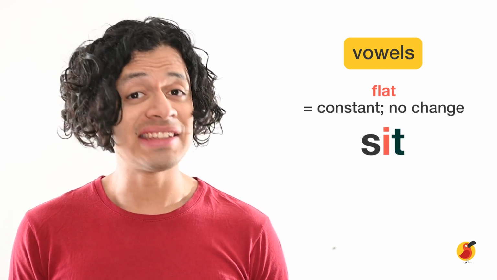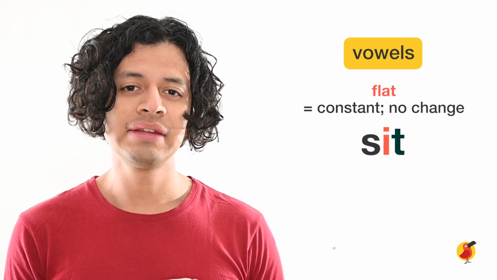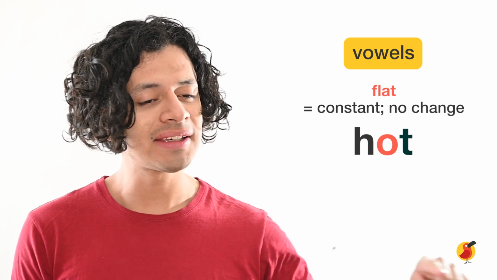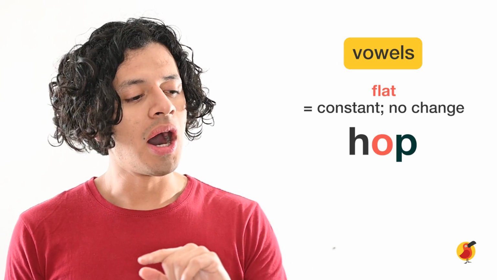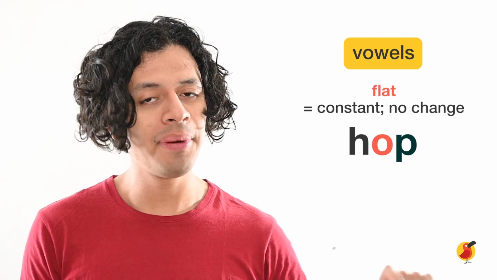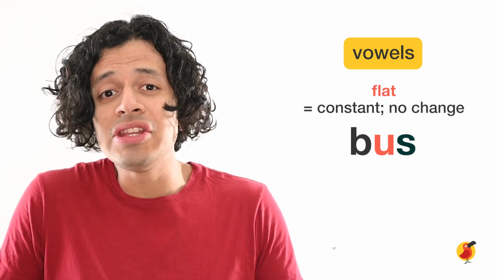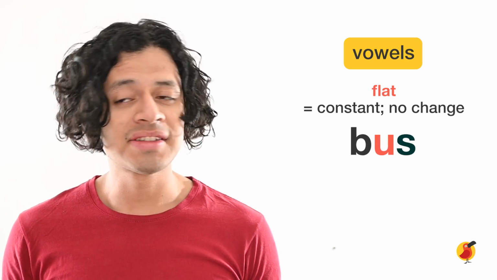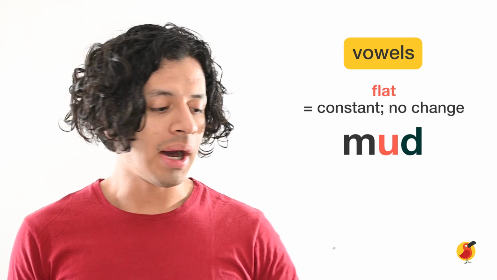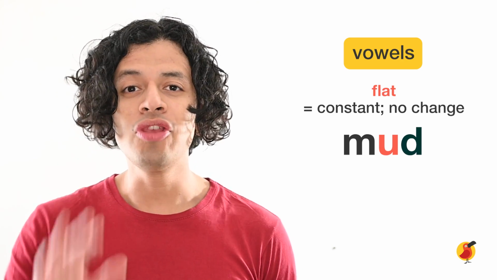I as in sit, sit, sit. O as in hot, hot, or hop, hop, hop. And U as in bus or mud, bus, mud. Those are the flat sounds that the vowels can make.